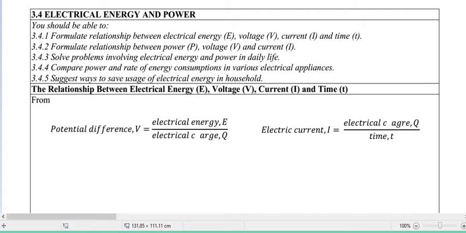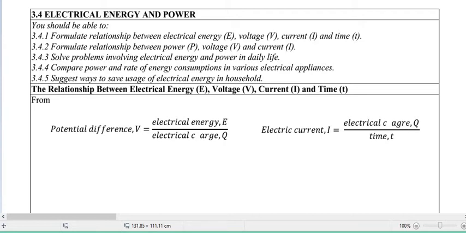So this also applies to internal resistance. So in this topic, the first thing that we want to learn is how much energy has been dissipated by resistance in wire and in internal resistance, okay? And also how much energy has been used by an electrical appliance.